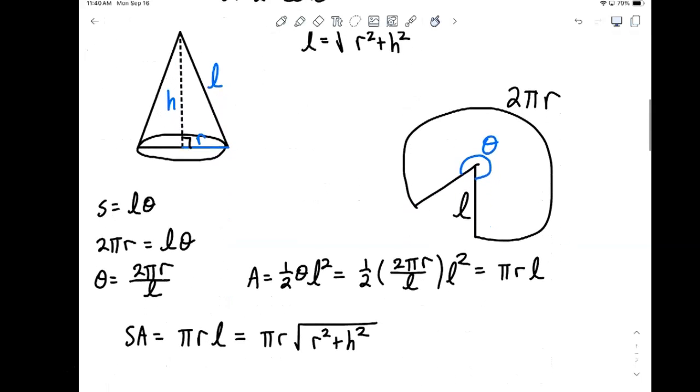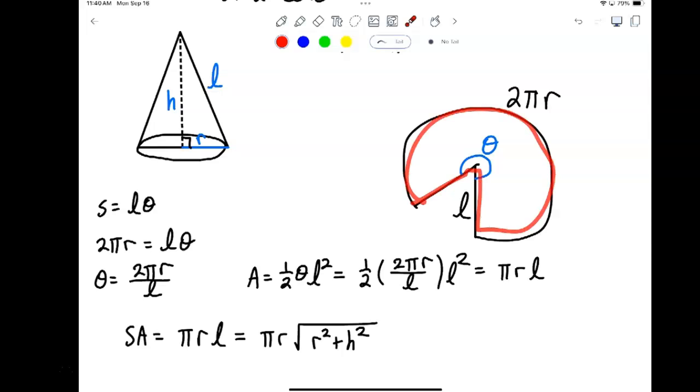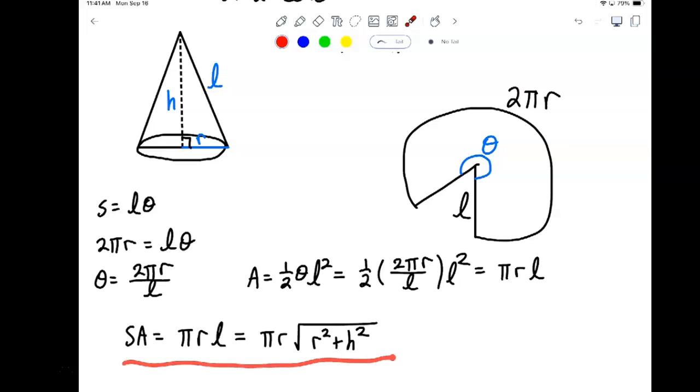Right? So the first idea is we took a cone, we sliced it along its length, okay, break it apart, and that basically gives me like a pizza with a slice taken out. We were able to do some manipulating, eventually get that the area of the cone can be given by that formula.